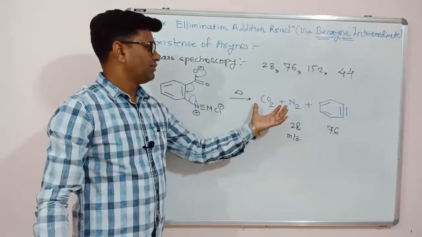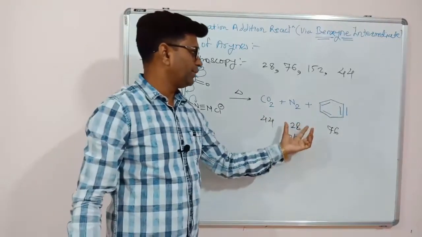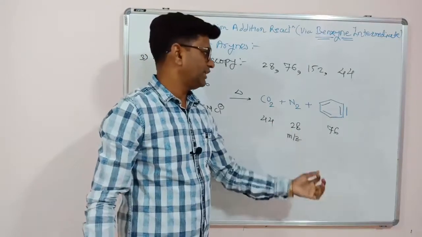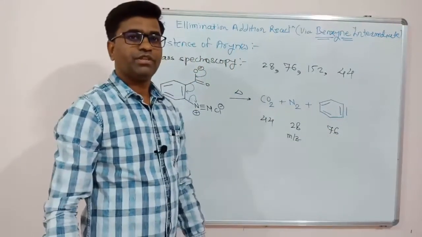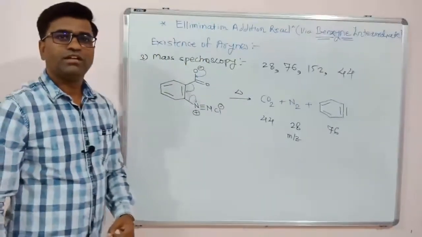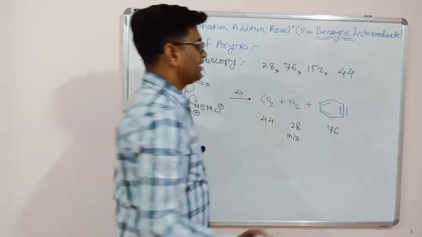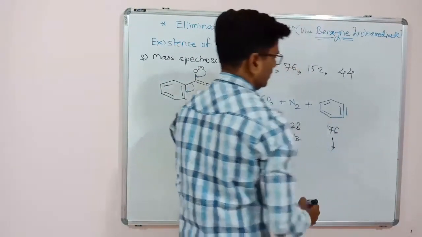The molecular weight of CO2 is 44, the molecular weight of N2 is 28, and the molecular weight of benzyne is 76. What is this one? 152. So 152 is the dimer formation of benzyne.